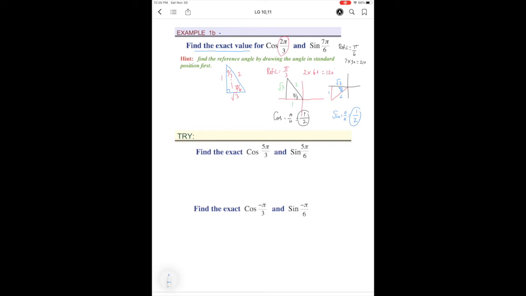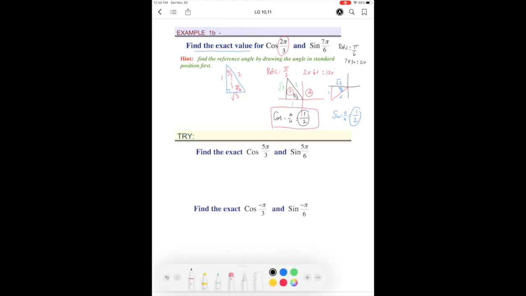Now, I'm going to go back because I forgot to check the CAST rule. Very, very important. So let's back up to this guy. Before you say final answer, I have to know if it's positive or negative. Remember, this is the A, this is the S, which means sine is positive.